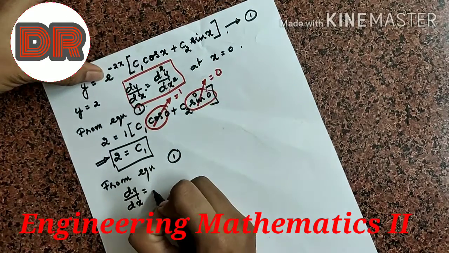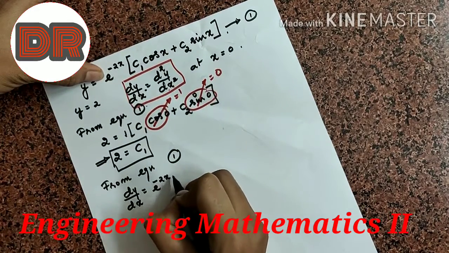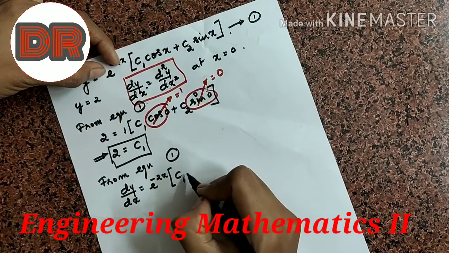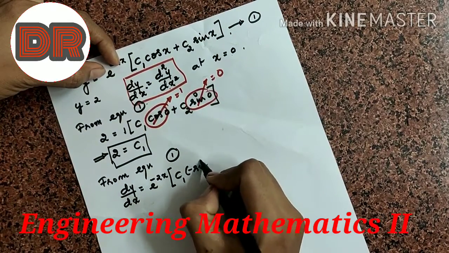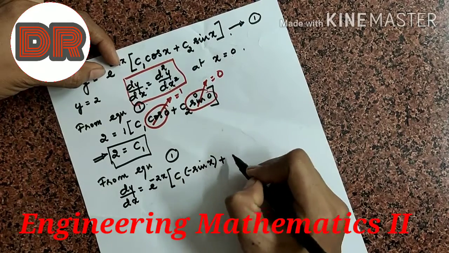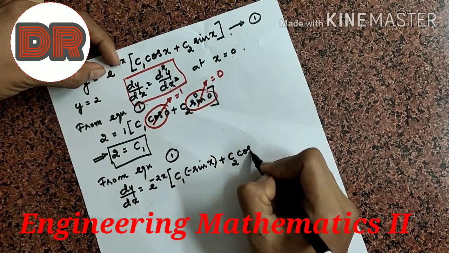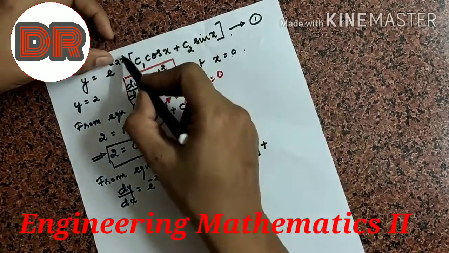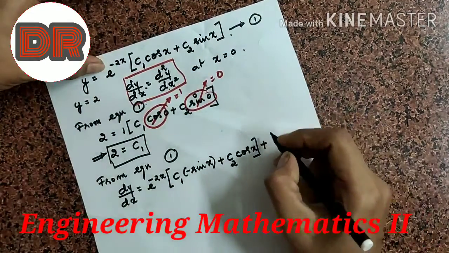So it is e to the power minus 2x into the differentiation of this, so it is c1 into minus sin x plus c2, differentiation of sin x is cos x, plus the second term into the differentiation of the first term.